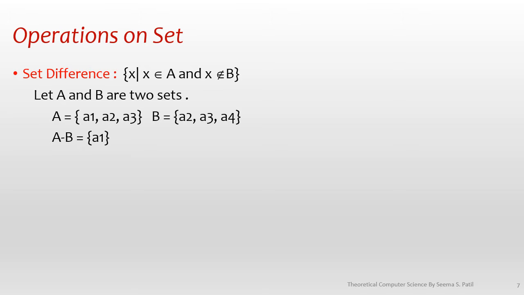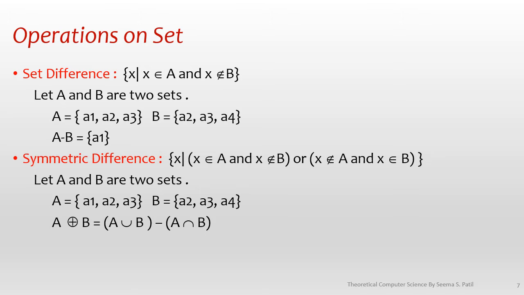Then A minus B equal to {A1}. It means the element which is present in set A but not present in set B. Here only A1 is present in set A but A1 is not present in set B. Hence the answer is only A1.